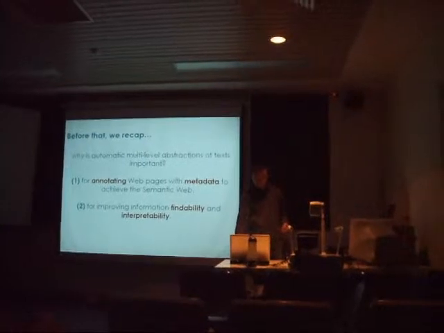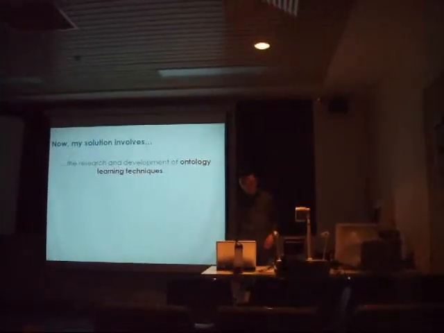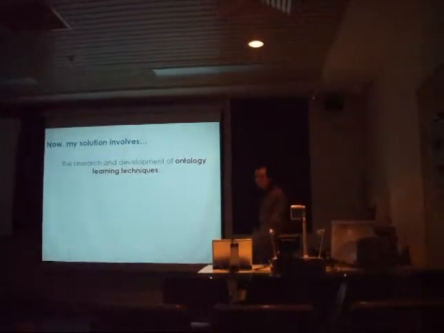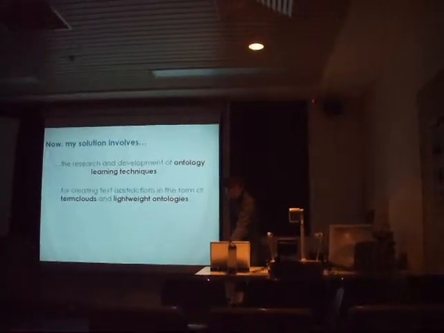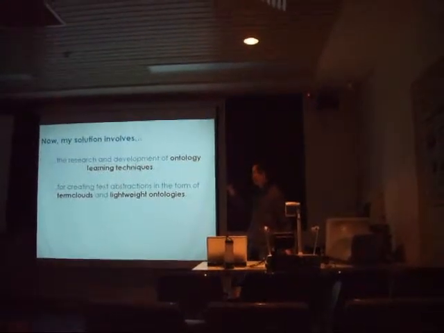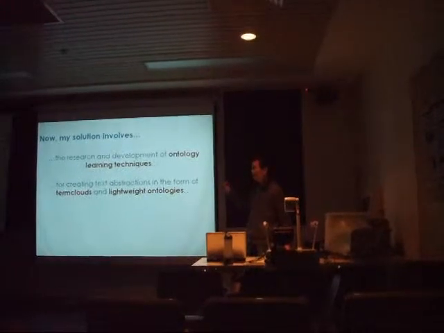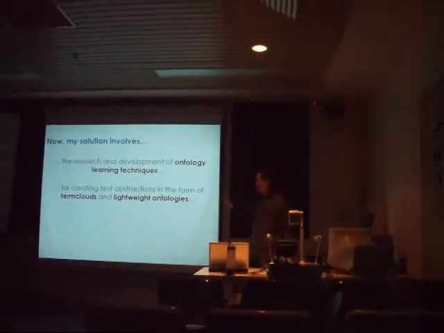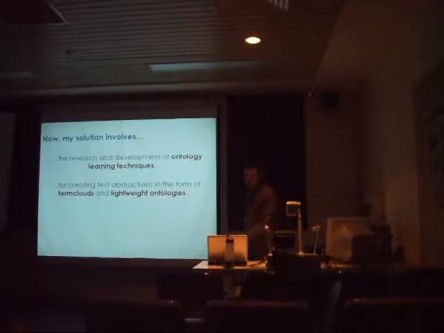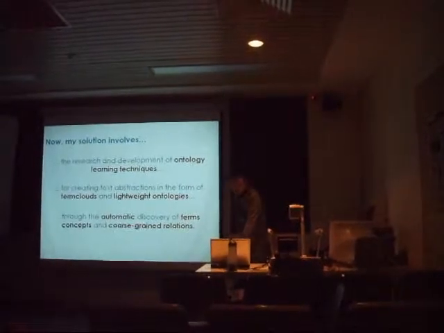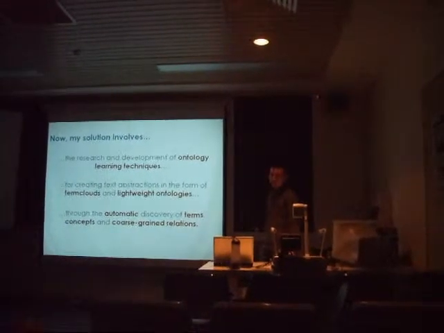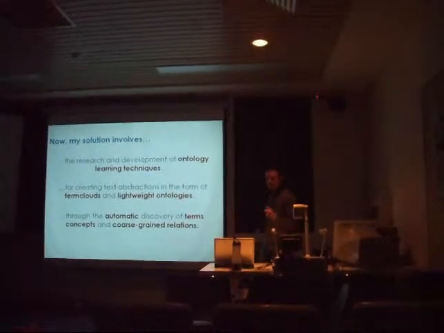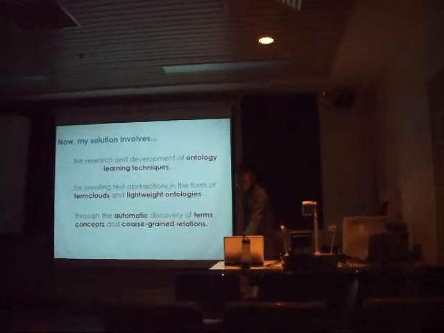Now, my solution involves the research and development of ontology learning techniques for creating text abstractions in the form of term clouds, just like text clouds, and lightweight ontologies, through the automatic discovery of terms, concepts, and very coarse-grained relations.